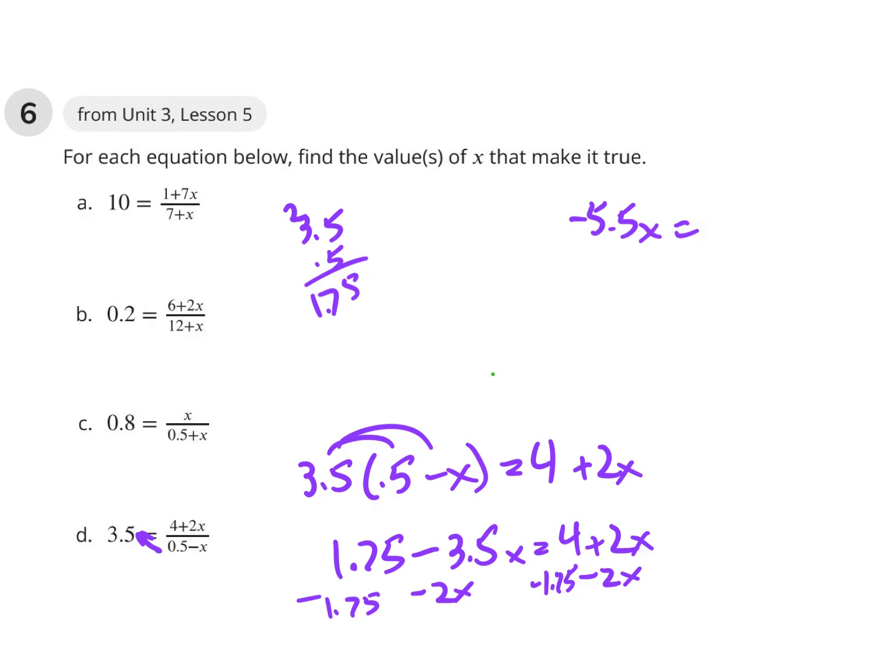And 4 minus 1.75, 4 minus 1 is 3, that's 2.25. Divide by negative 5.5 on both sides. We do not divide by x because x is what we are solving for. That's about negative 0.409, with the 09 repeating, so we're just going to leave it at about negative 0.409, because it repeats.